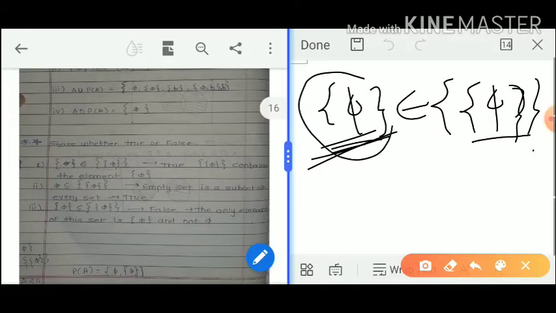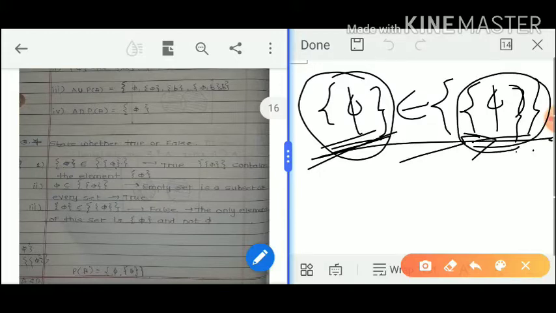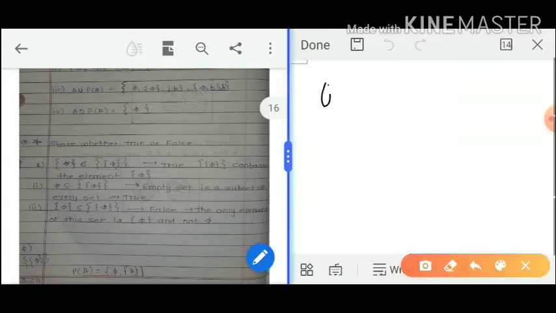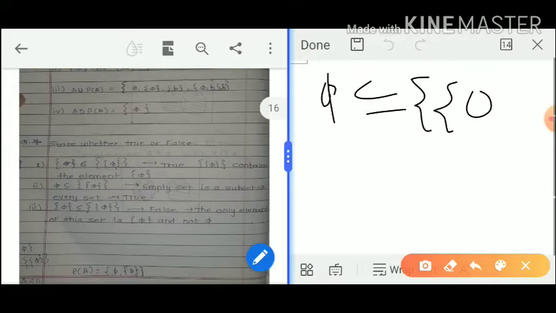Okay, this element belongs to this set, so true. So this statement is true: the set contains the element {phi}. Okay, second, phi is a subset of {phi}.